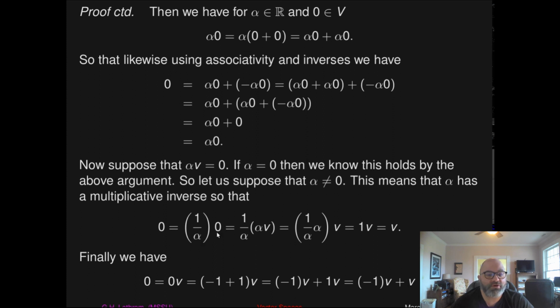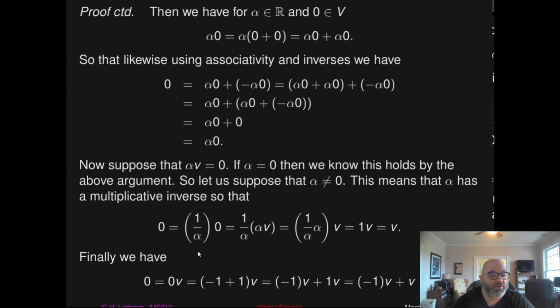So we've got 0 equal to 1 over alpha times 0. We just proved that was 0. Then that's equal to 1 over alpha times alpha v. Using the associative property of scalar multiplication, we can group our scalars together, and 1 over alpha times alpha is 1. One of our properties of being a vector space is that 1 times v is just v.